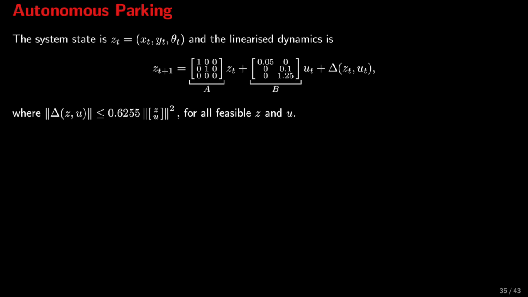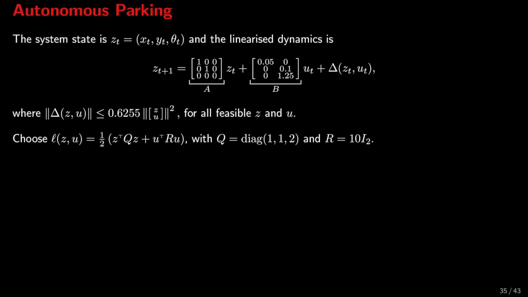For the linearization error, all we need to know is that its norm is less than or equal to 0.6255 times the squared norm of the vector z and u. And this is valid for all feasible z and u, so for all those vectors z and u that satisfy the constraints of the system.